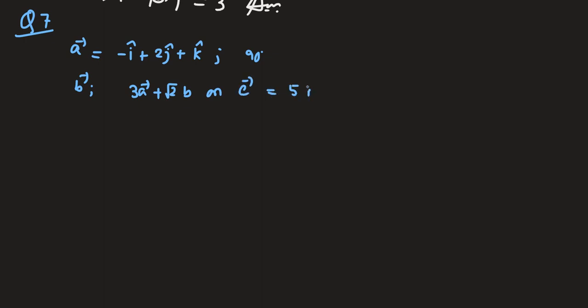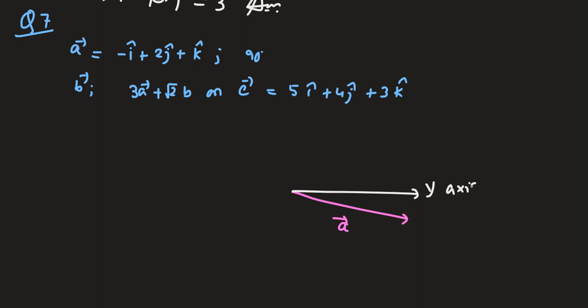So try to understand the question first. One vector is there like this, this is your a vector, and suppose this is your y-axis. Now this vector is rotated so that after rotating 90 degrees it will be in the position b.